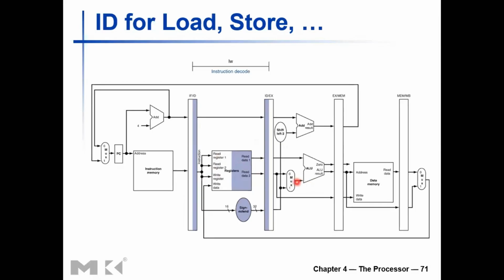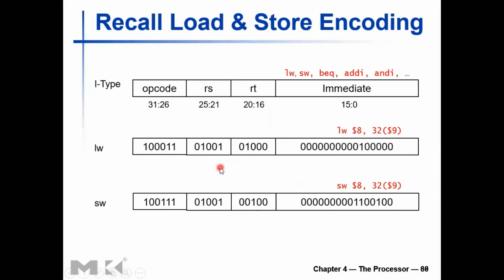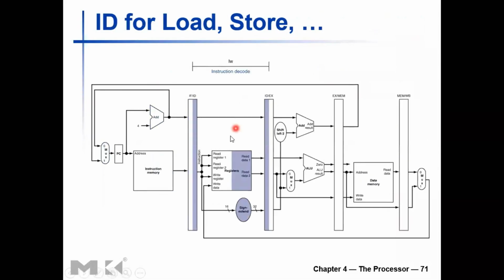Only in the next stage, you should use the multiplexer to decide whether you use the second register that you read or the immediate value provided by the instruction for the ALU computation, right? So in reality, you're reading both registers anyway. You're simply connecting the wires to provide bits 21 to 25 and 16 to 20 into these two address ports.